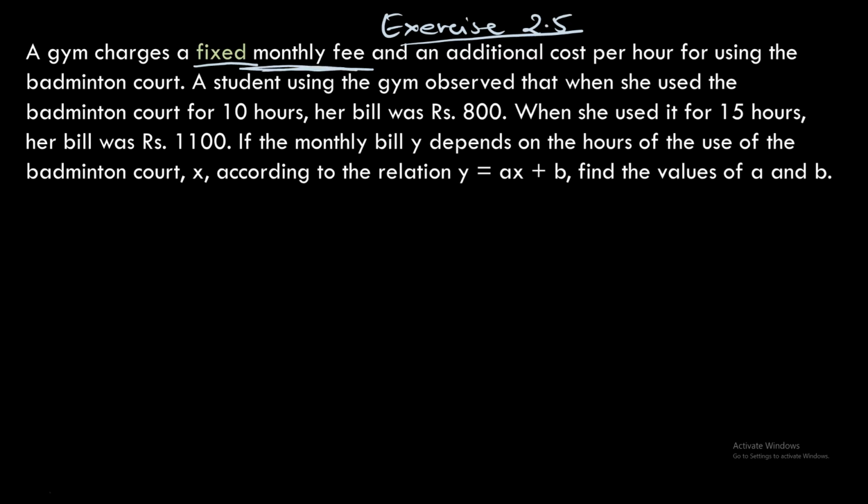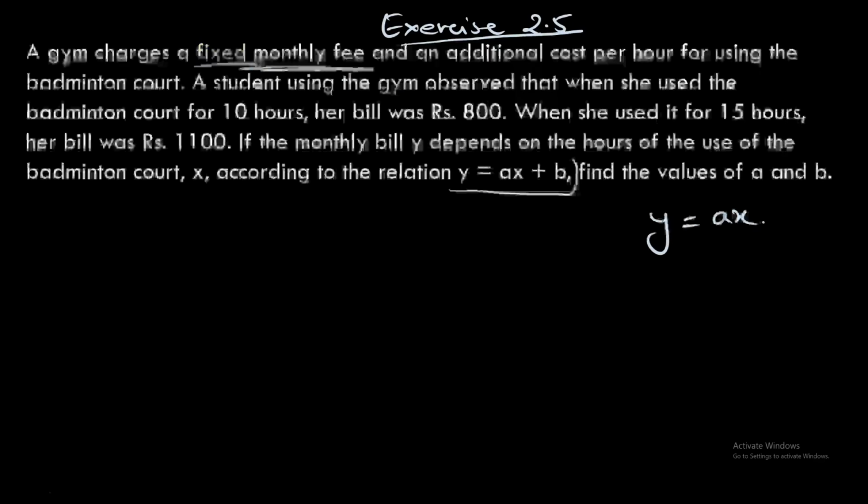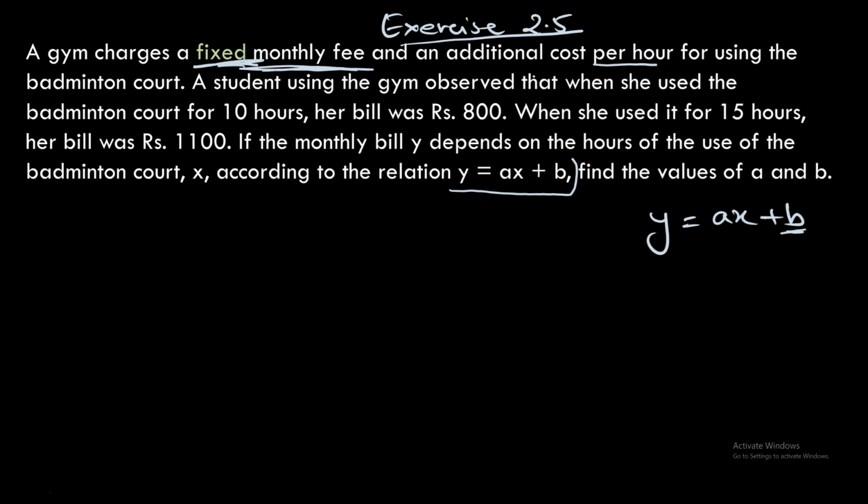I forgot to mention one thing, that any linear equation can be represented in this form, y is equal to ax plus b. So if this is the fixed monthly fee, we can say that this is going to be the b value, and an additional cost per hour for using the badminton court.